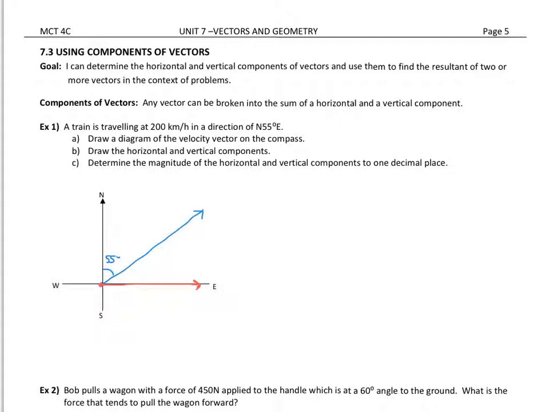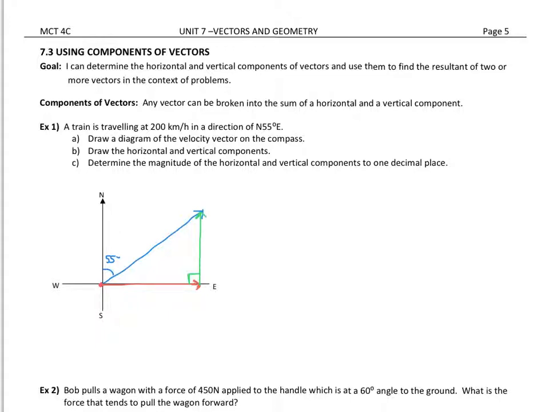Okay, so that's the horizontal component. To that, I could then head directly upwards, so vertical, or north, and then I'm at the head of my original vector. So, and this is a right angle in here, the sum of those two vectors add up to be that resultant, or the original vector there.